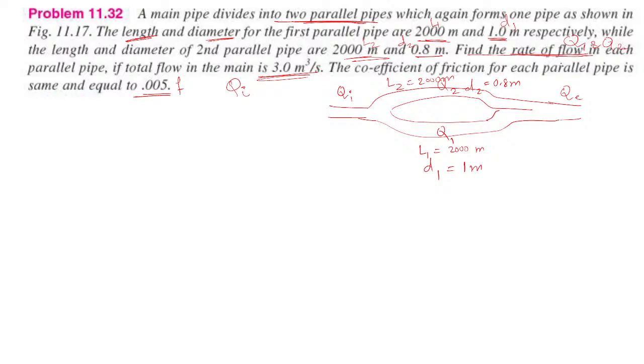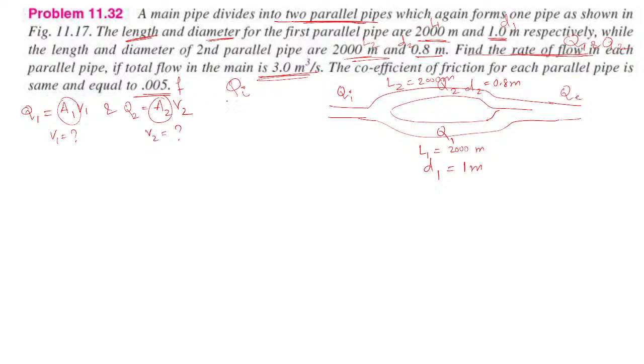To find Q1 we need A1 and V1, and to find Q2 we need A2 and V2. A1 and A2 are known because we know the diameters, but V1 and V2 are unknown.